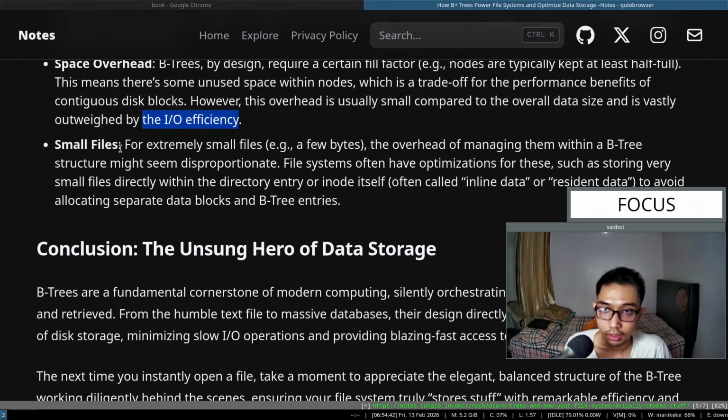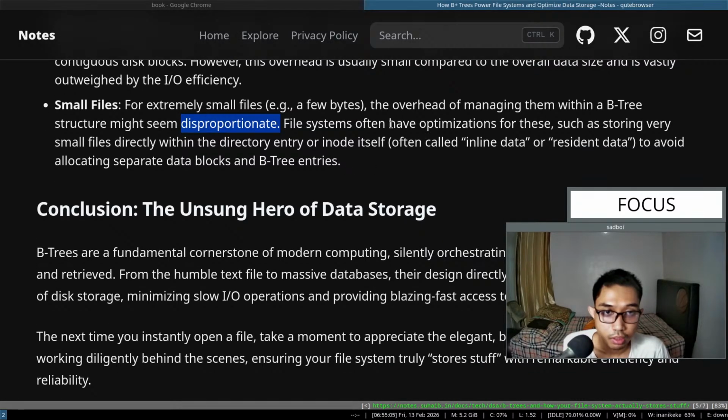Small files. For extremely small files, a few bytes, the overhead of managing them within a B-tree structure is disproportionate.